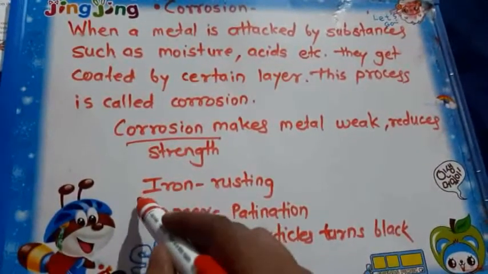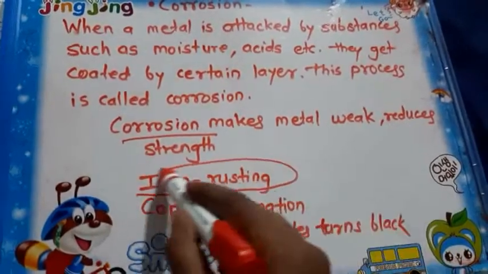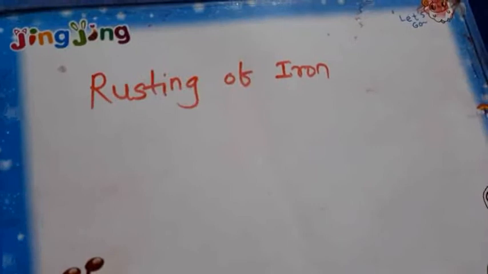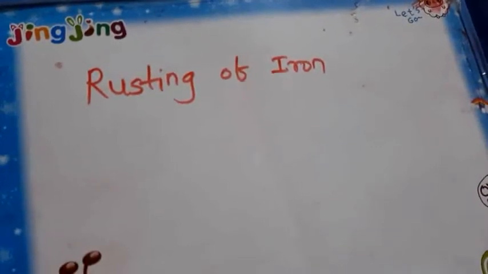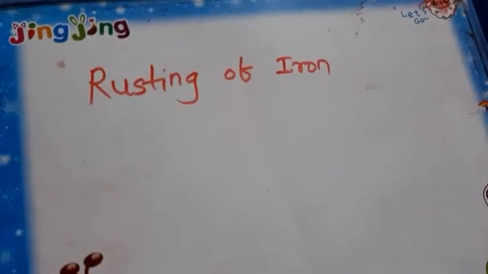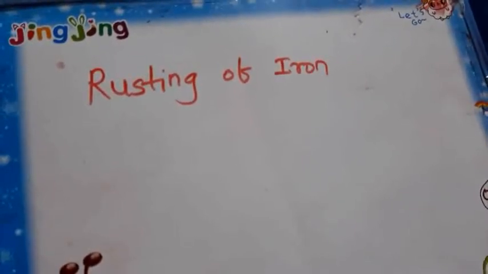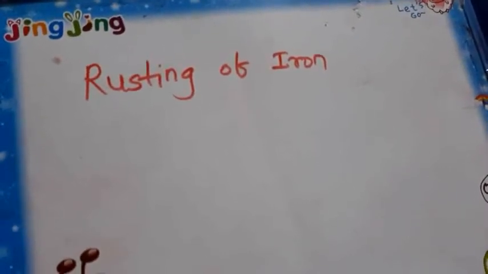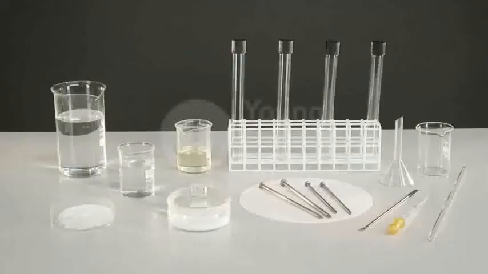Particularly, in this chapter we are going to focus on rusting of iron, that is, corrosion of iron. Before seeing this point, just see the next activity and observe which nail rusts fast. Let us investigate the effect of external factors on rusting.